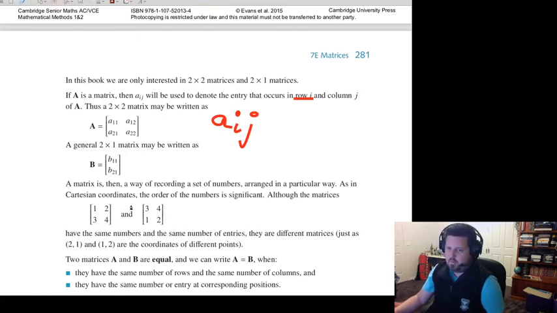If we want two matrices to be equal, not only do they have to have the same number of rows and columns, 2 by 2 in this case, but they also have to have the same entries in the same corresponding positions. So this one would have to have the 1 here, the 2 here, the 3 here, and the 4 here for them to be the same.